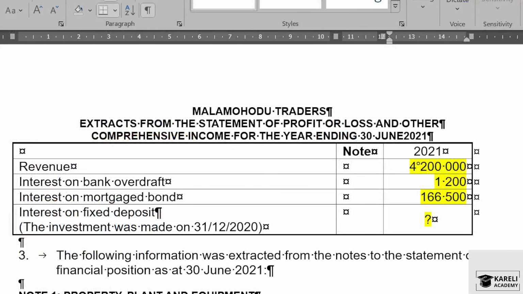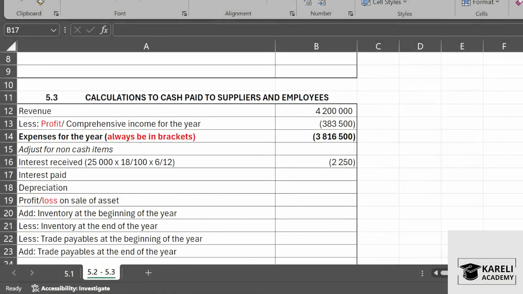Now it's 1.2 and 166,500. So I add them, 1.2 plus 166,500, equals 1.2 plus 166,500.